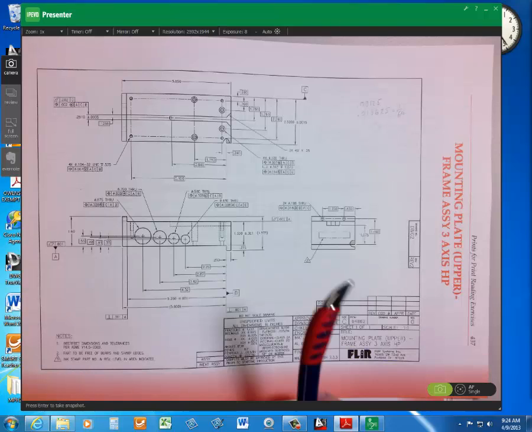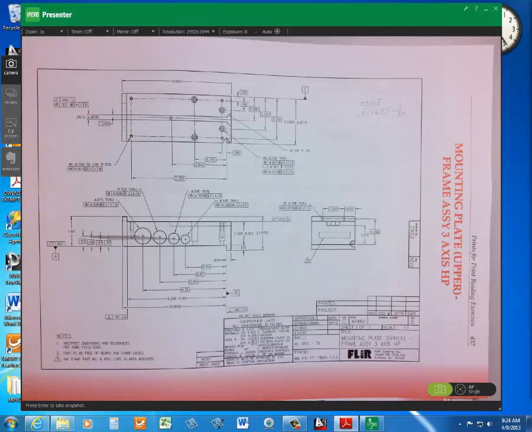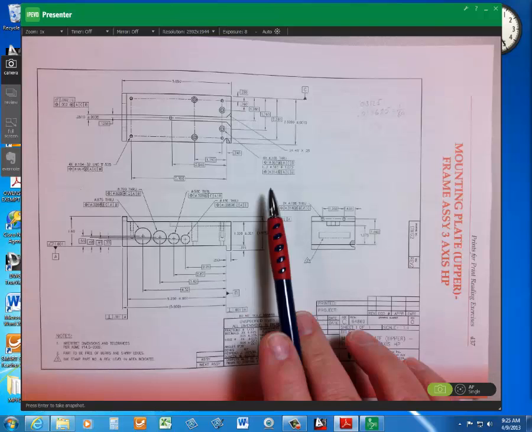Right there. It's in that feature control frame. It's what? 14 thousandths. You can say it. Yes, the counterbore produced size.